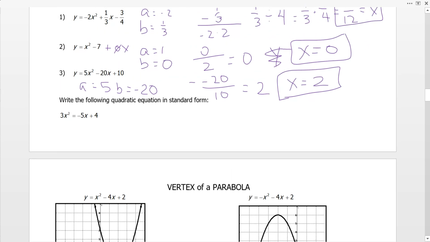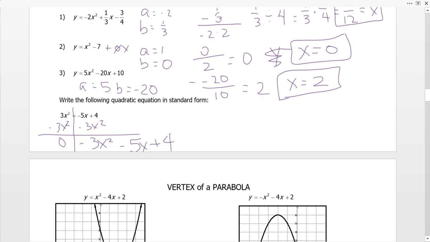So if I need my equations in standard form, we're going to always put everything on one side, and it's really equal to y. So I'm going to go ahead and do -3x squared, -3x squared. So I end up with a 0 over here, which really is y, -3x squared minus 5x plus 4.